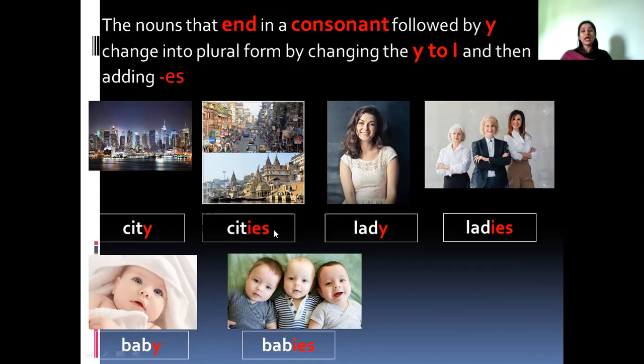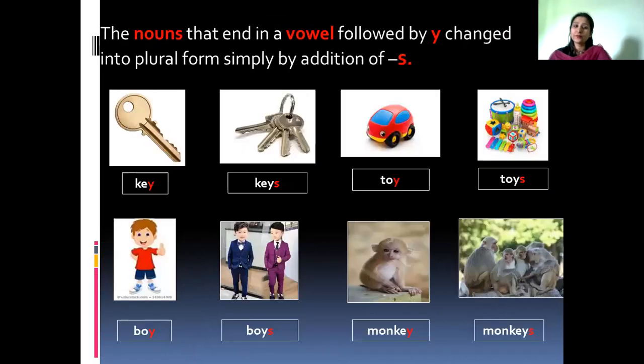Now what should we do when a vowel is before Y? Here, K-E-Y, the last letter is Y. But before Y, which letter can you see here?